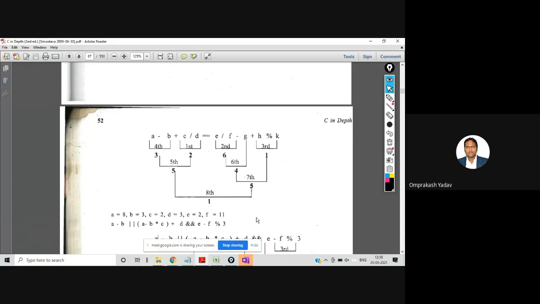You can simply revise, and you'll be able to understand that. Let's see who will be the first to give the answer.